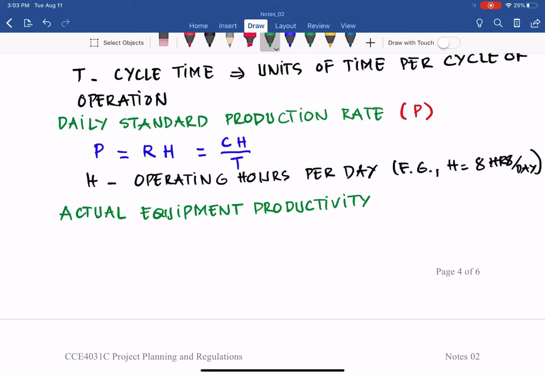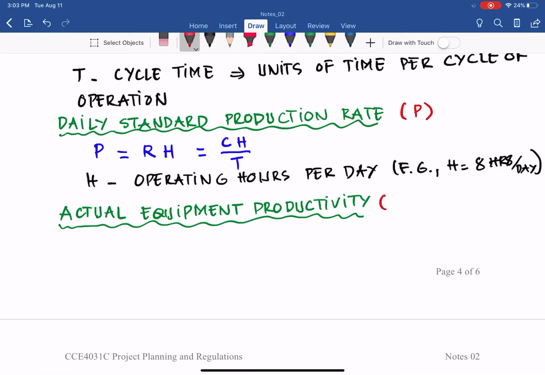So we have to adjust for actual conditions with many of the factors we talked about earlier, the factors affecting job site productivity, accessibility, etc. Whenever it is the actual, we put an apostrophe on it.